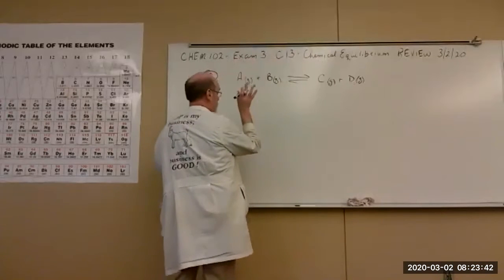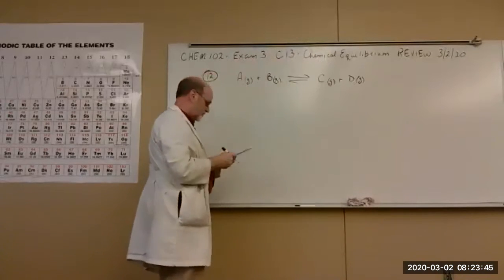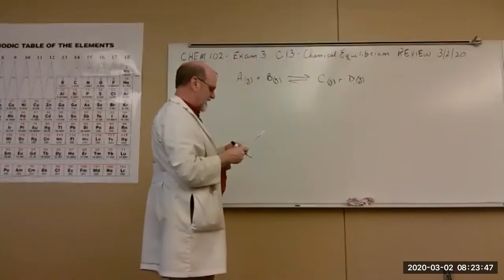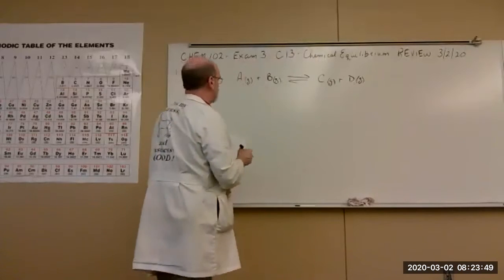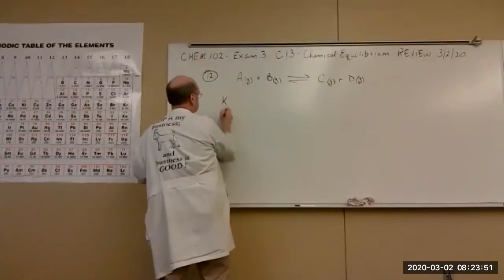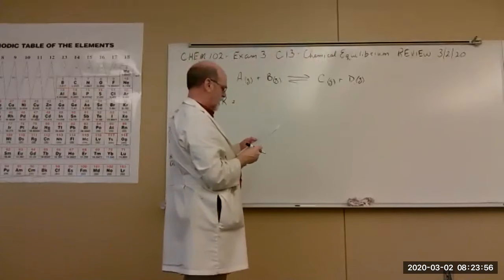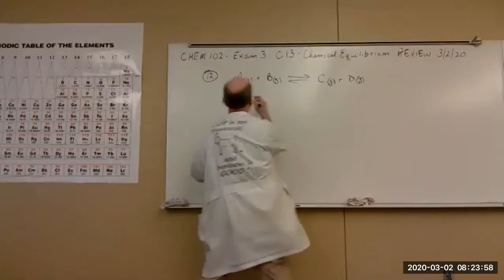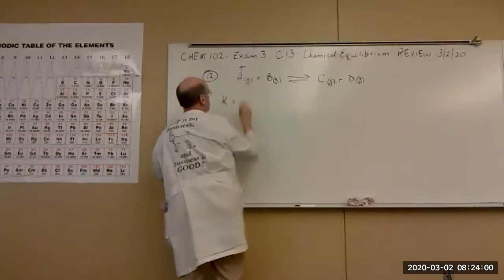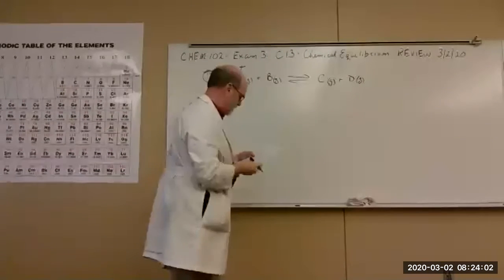So we're starting at equilibrium. Upon adding gas A, the value of K does what? Let's add some of that. What happens to the value of K?